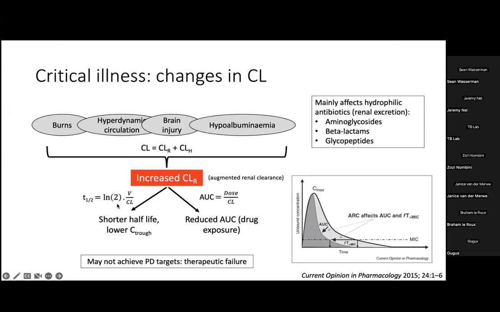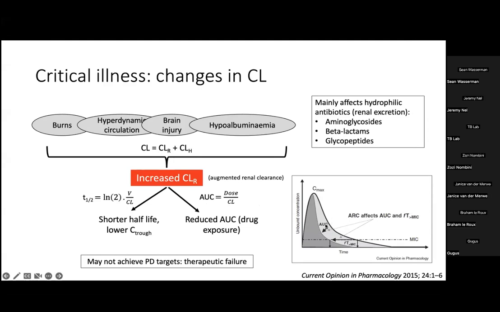I'm going to show you the exact same equations again. Clearly the half-life goes down when there's increased clearance, which leads to a lower trough concentration. And the total exposure also goes down, given by this equation, dose over clearance.